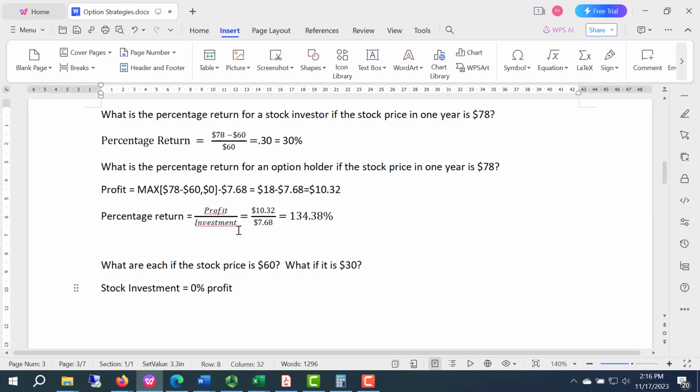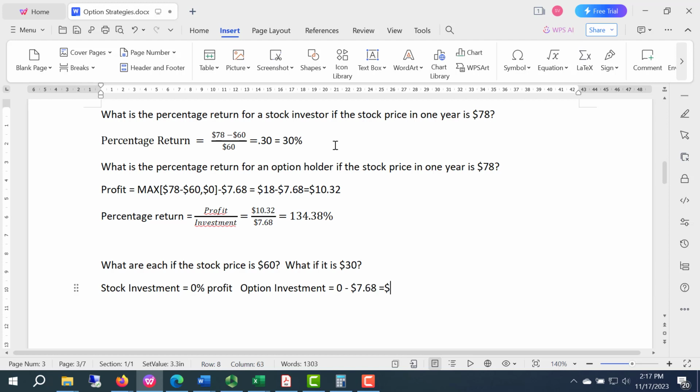For the option investment, our profit is equal to the maximum of the stock price minus the strike price. So in this case, it's going to be 60 minus 60, which is just 0, or 0. So it's going to be 0 minus $7.68, what we initially invested.